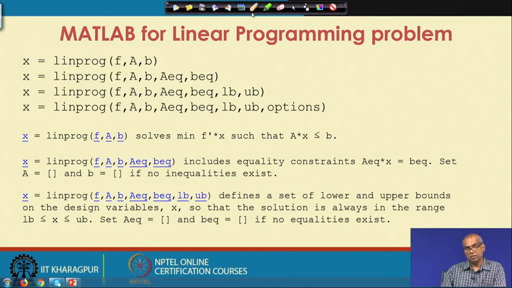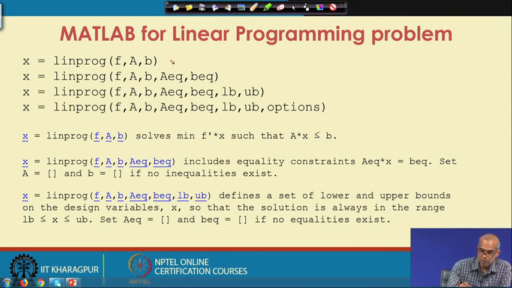A is the matrix in A x less or equal to B, and B is the constants on the right hand side. So, B is a vector whose elements are the constants for each constraint that appear on the right hand side.